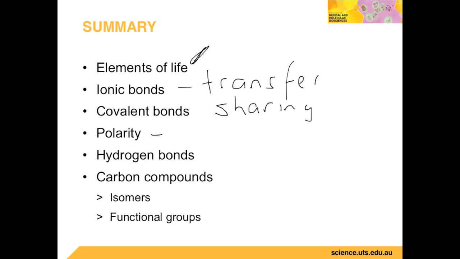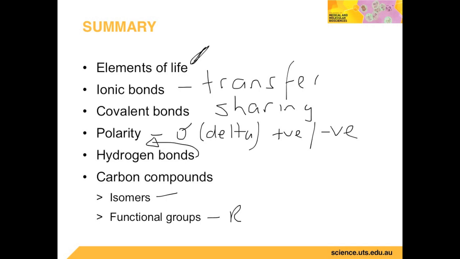Polarity, which is where we get slightly positive and slightly negative, delta. We've also looked at hydrogen bonds, which is to do with polarity. And we looked at the wide variety of carbon compounds, such as isomers, which are the same chemical formula but a different arrangement in space, and functional groups, which are also known as R groups.